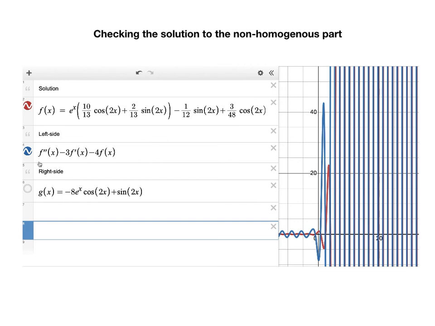And now we can plot the right side of the equation, which gives us the green curve right here. And you can see that the blue curve disappeared, which is because the green curve is on top of the blue curve. That means the two curves are the same, they form the same function, which shows us that the function we found earlier for the non-homogeneous part is a correct solution.